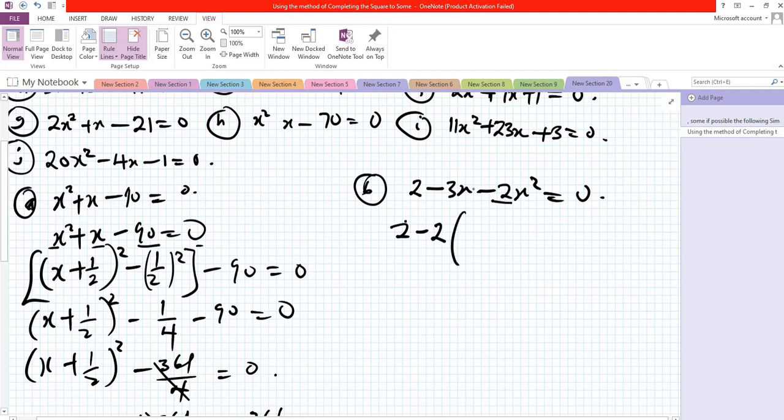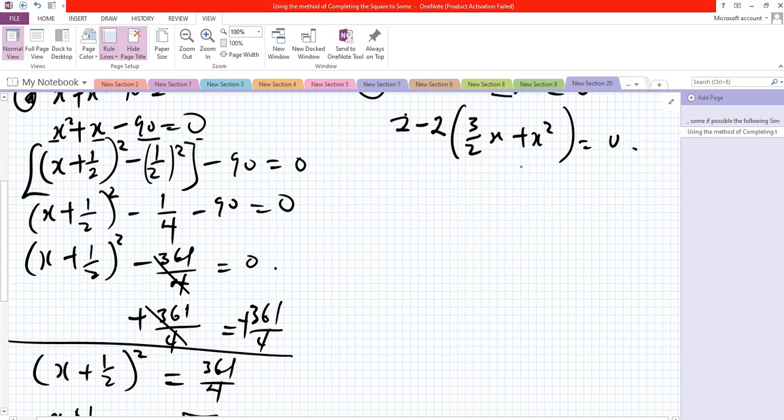So say minus 2. Minus 3x divided by minus 2, you have 3 over 2 x. Then minus 2x squared divided by minus 2, you have plus x squared.